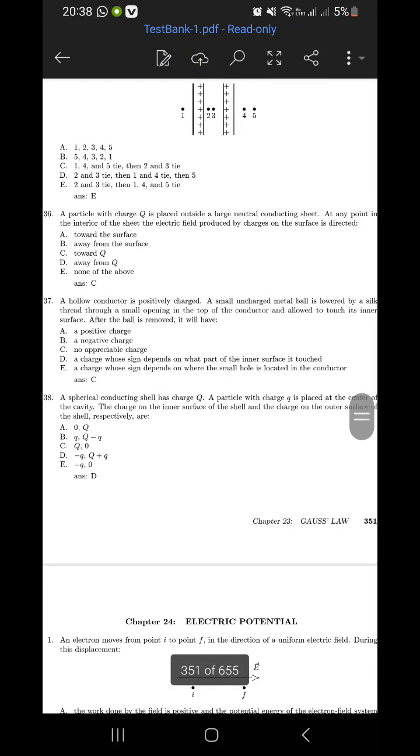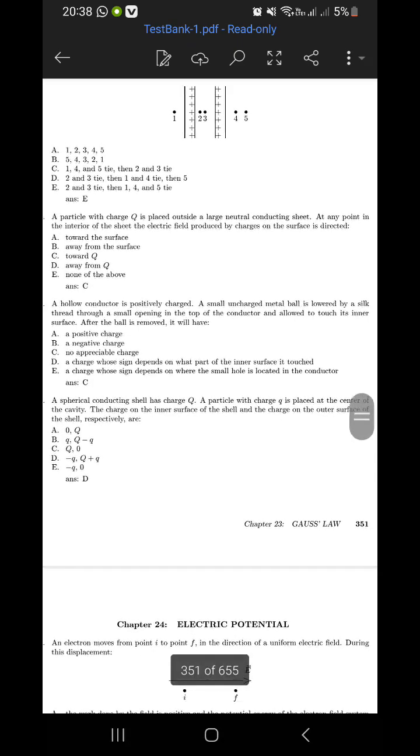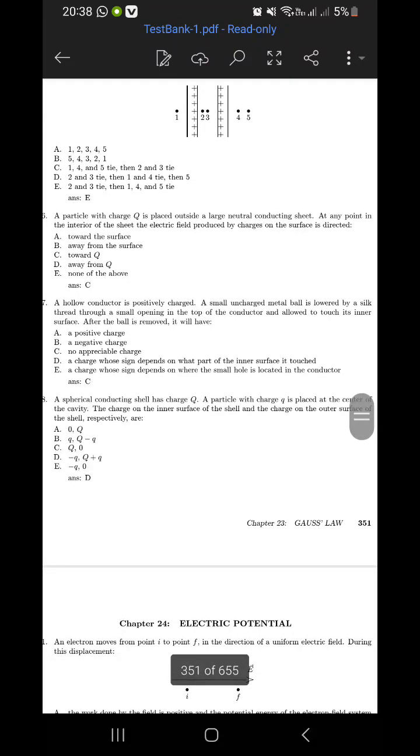A hollow conductor is positively charged. A small uncharged metal ball is lowered by silk thread through a small opening in the top of the conductor and allowed to touch its inner surface. After the ball is removed, it will have no appreciable charge.